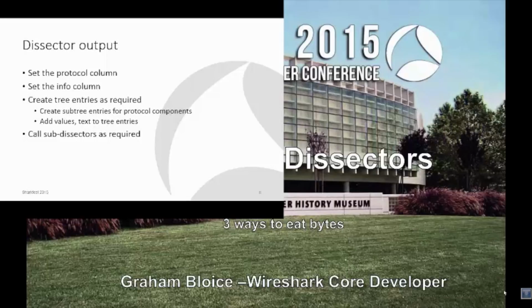And then sometimes your protocol may be a transport protocol for something else, so you have to call another sub-dissector. If you've got one of these layered protocols, it's quite often more helpful when you're developing a dissector to actually do it as separate dissectors. Don't put it all in one big file. Separate these out as sub-dissectors.